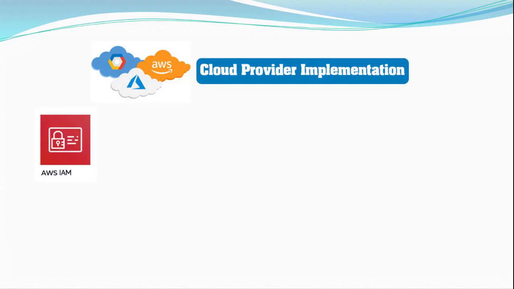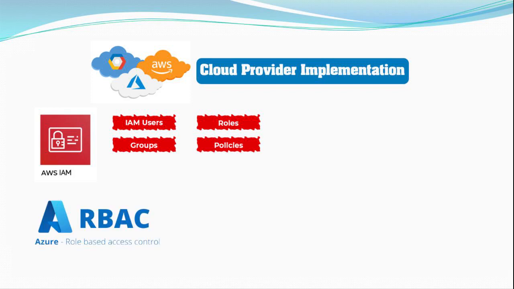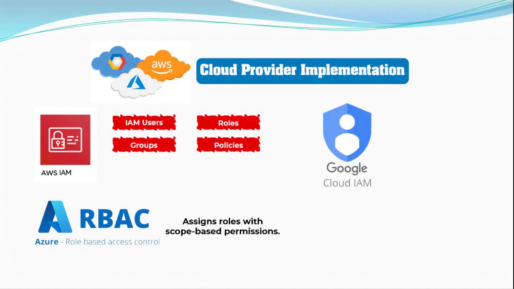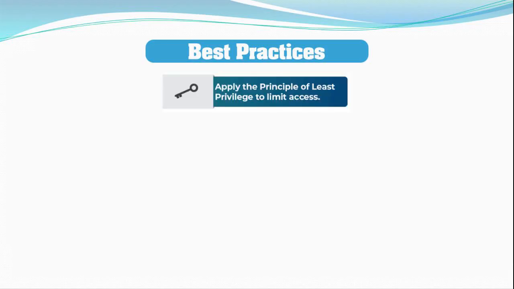1. AWS IAM: IAM users, groups, roles, and policies. 2. Azure RBAC assigns roles with scope-based permissions. 3. Google Cloud IAM manages permissions at different resource levels. To effectively manage permissions in the cloud, follow these best practices. 1.